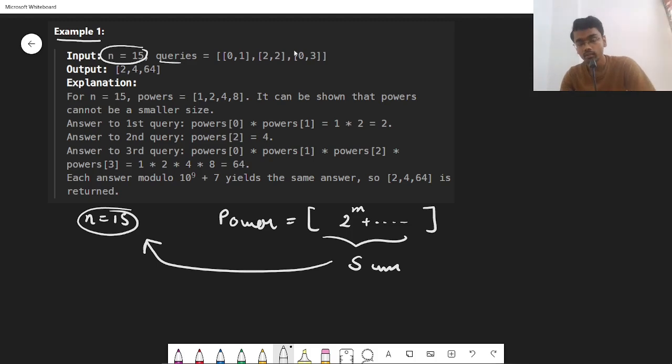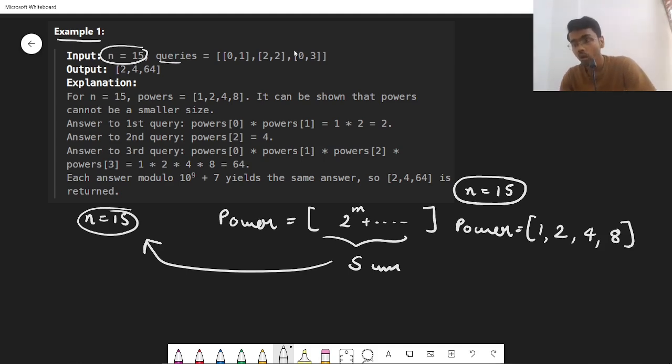Now how is it possible? Let us take n equal to 15 only. When n equals 15, how can we generate a power array such that the corresponding sum results in 15? In that case, our power array would look something like this: 1, obviously because it is an odd number, so 1 will be there, then 2, 4 and 8. 1, 2, 4 and 8 is the power array.